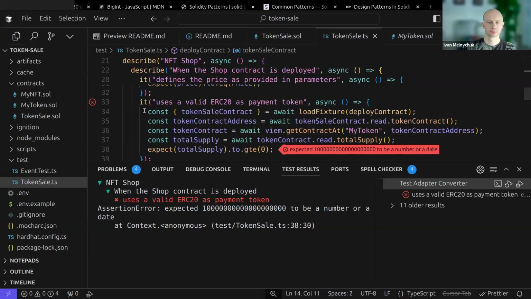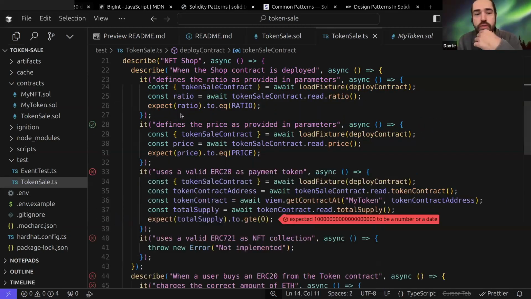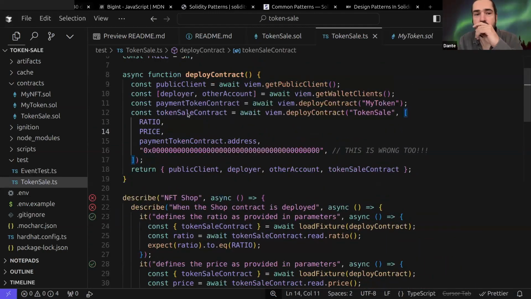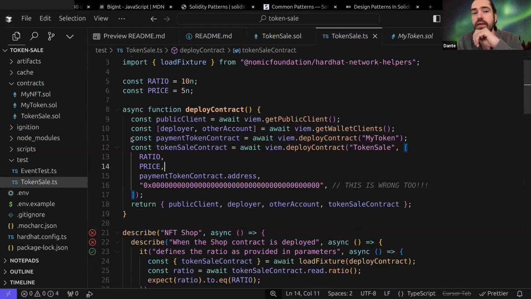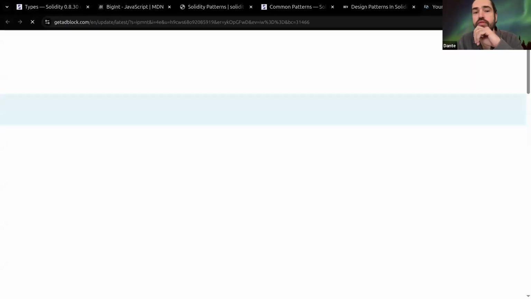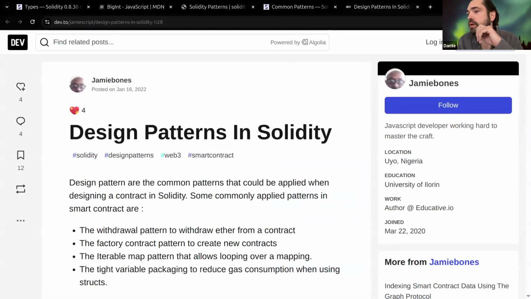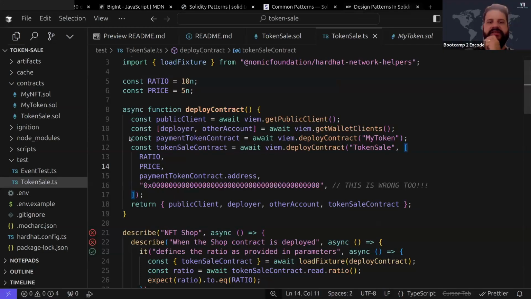Yeah, so just to confirm, or to recap, we went back and we added the payment token contract so that we could bring in the address from my token, correct? Yes, in this situation, I deployed a new token contract, a new instance of it at a new address, and now I can pass it in the deploy contract fixture.